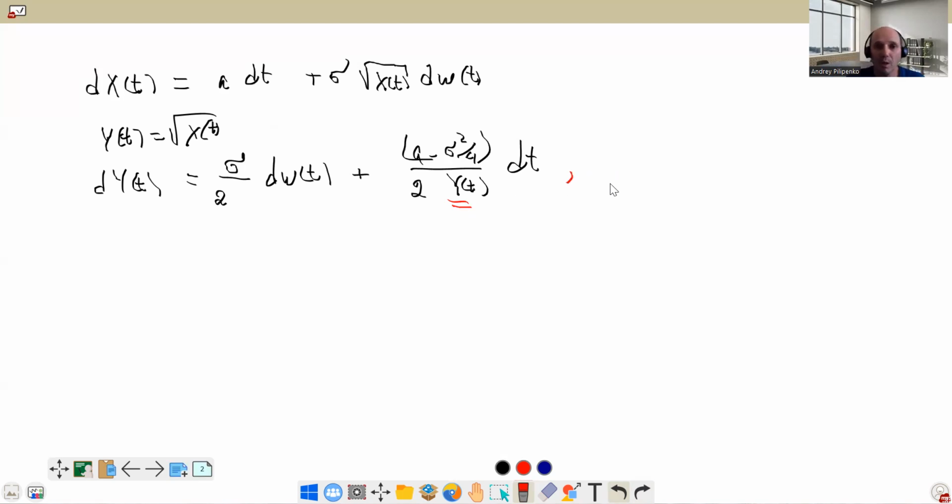So t is from 0 to sigma 0, where sigma 0 is the moment of hitting 0. And well, let me write down this equation in integral form.